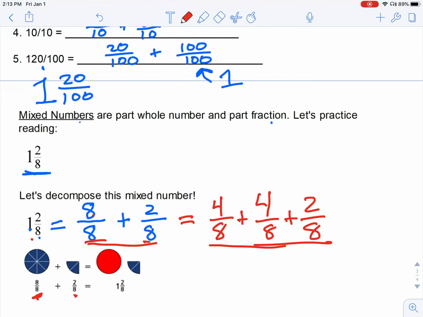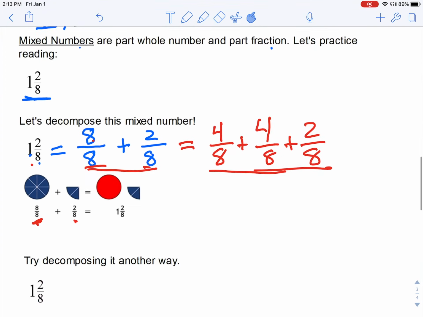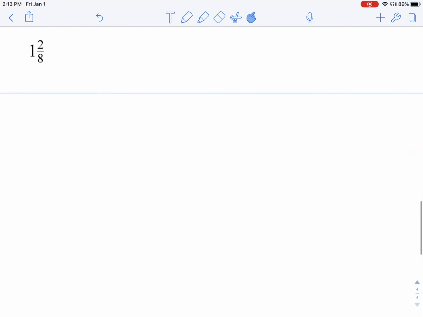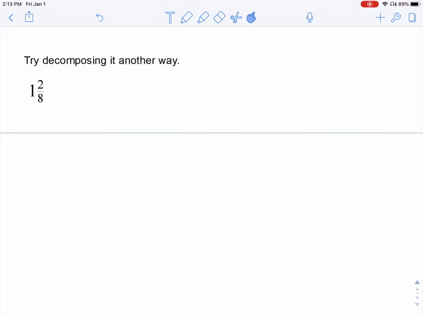What if it had said, let's see if I can get some space here. So let's say this had said, I'm going to change this guy to, instead of 1 and 2/8, what if it were 2 and 2/8? Well, now when we go to decompose this, 2 wholes, if I want to think how many eighths that is, you know how many eighths that would be?